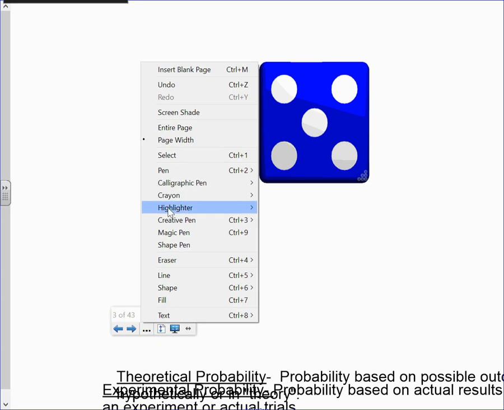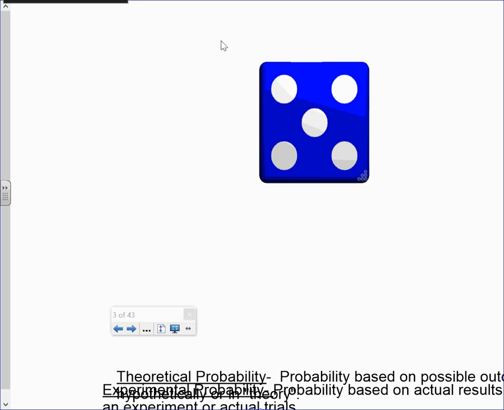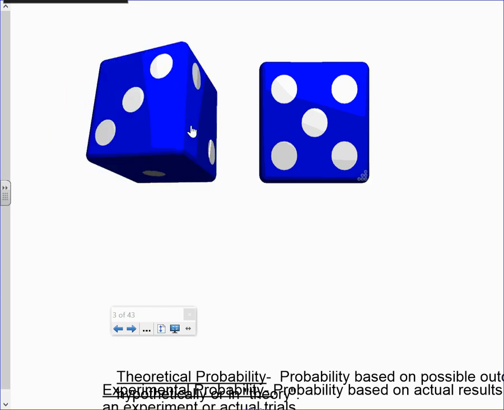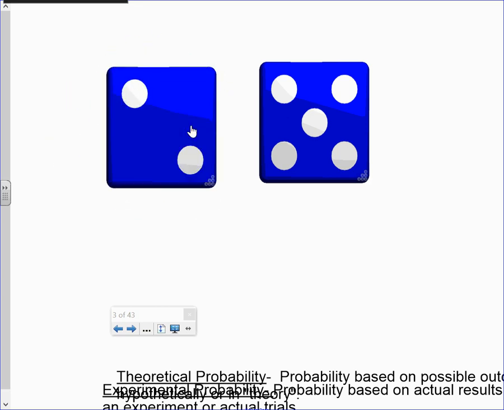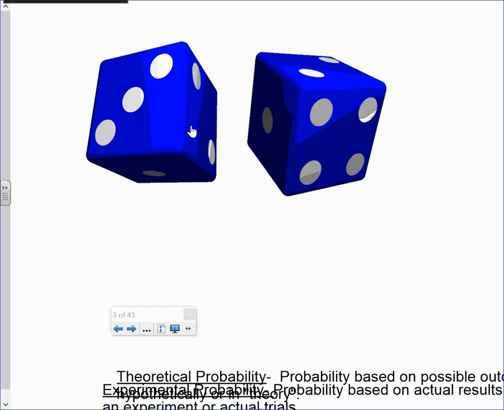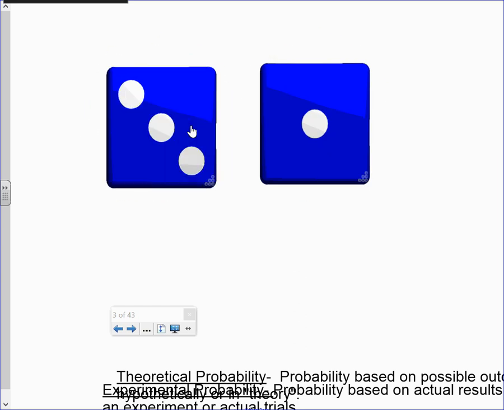What's this? If I roll 2, how many possible outcomes if I roll 2?